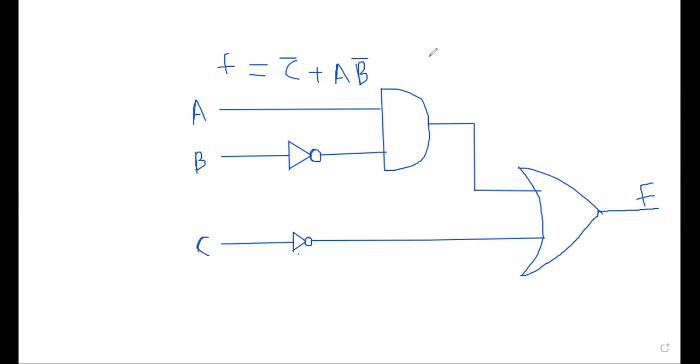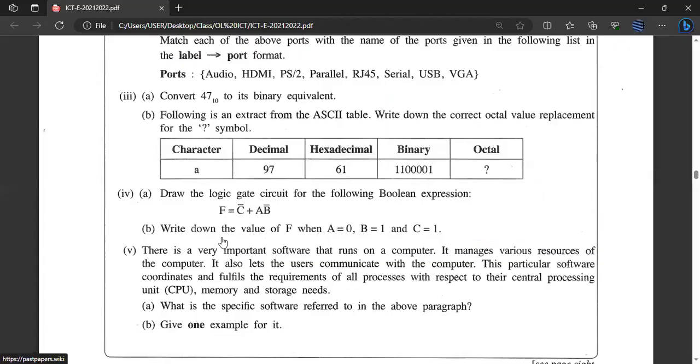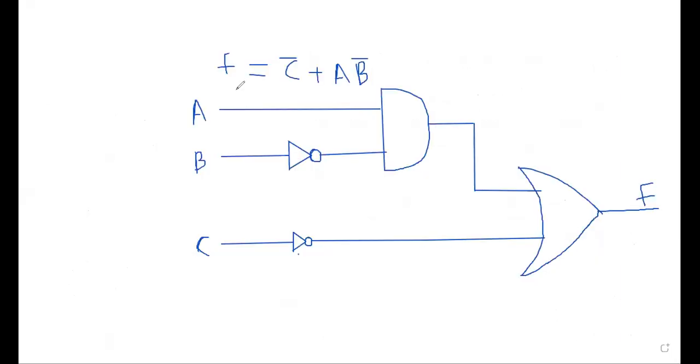Moving forward to the next question. Write down the value of F when A equals 0, B equals 1 and C equals 1. So if A is 0, B is 1 and C is 1.